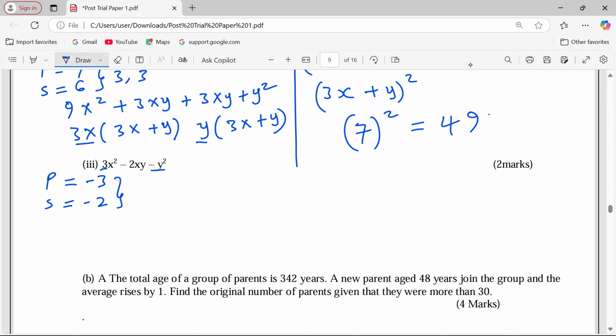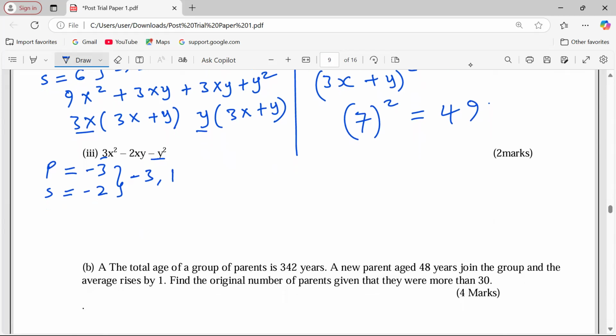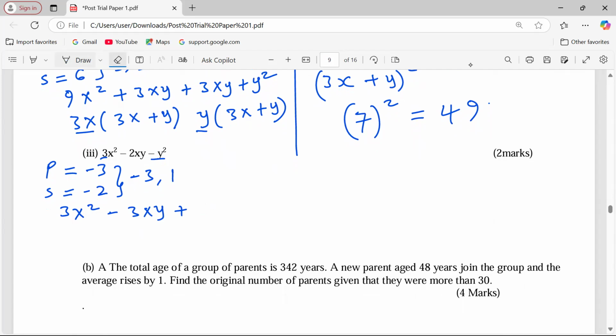We need two factors whose product is -3 and whose sum is -2. Look at -3 and +1. Multiplied gives -3, added gives -2. So we write 3x squared minus 3xy plus xy.